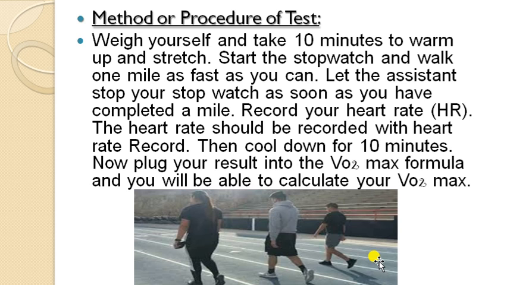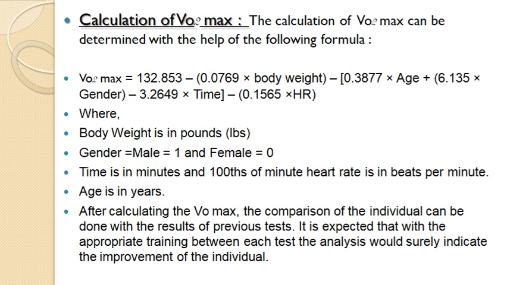Now, how can we put the measurements into the formula? The calculation of VO2 max, the maximum volume of oxygen, can be determined with the help of the formula. I know the formula is too long.